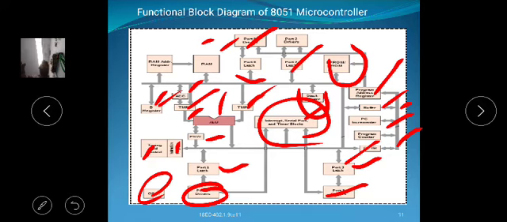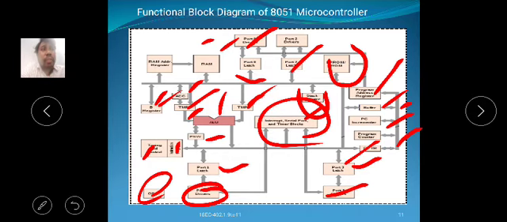These are the functional blocks of the 8051 microcontroller. In this, all the necessary blocks are present in this particular diagram.